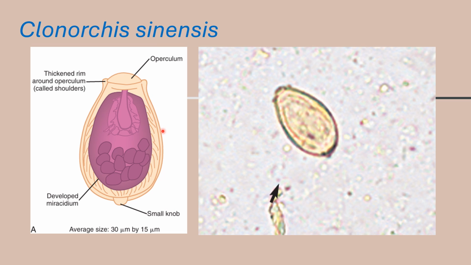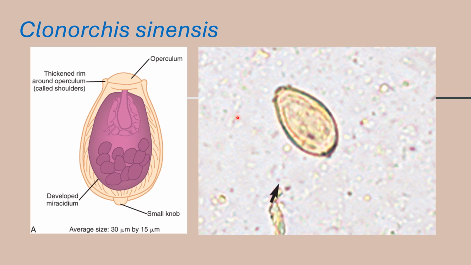The ova is mature when laid. This is the operculum, and you have the developed miracidium and a small knob present. It is 30 micrometers by 15 micrometers.